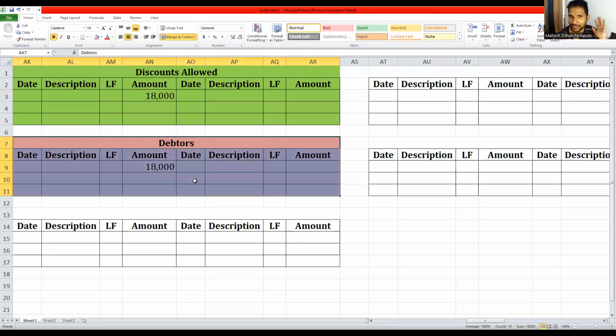Now think and tell me, to rectify this error, what we have to do in the debtors account. Think. Now, I'm explaining the error posting to the wrong side.